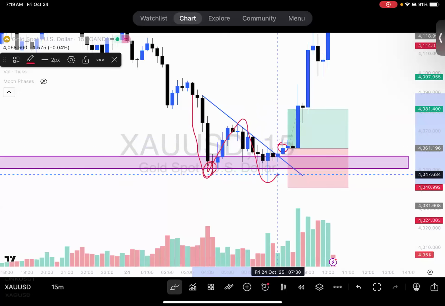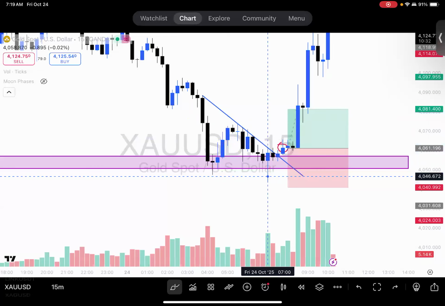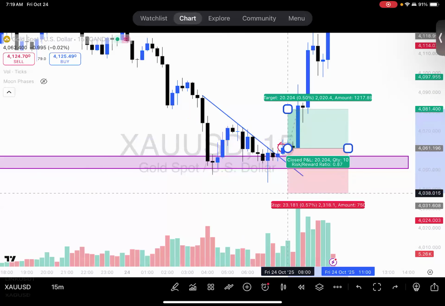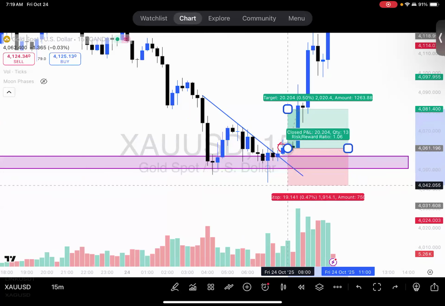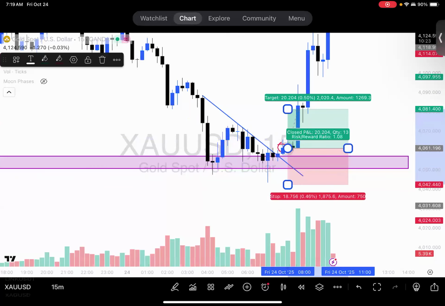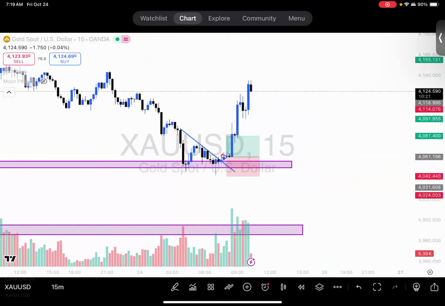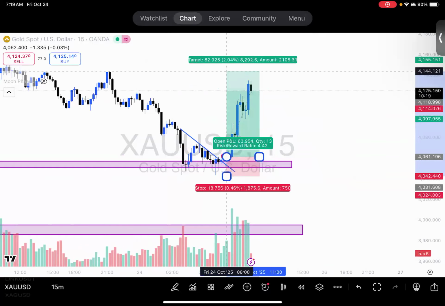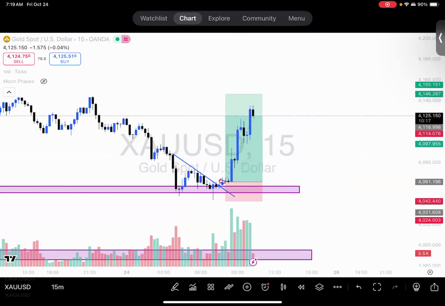We move higher, this is our second leg. After that second leg, and after the market breaks the counter trend line, the bottom of the second leg is our stop loss. And then we look to aim for these highs for our full take profit.